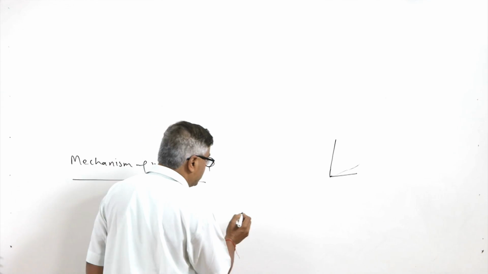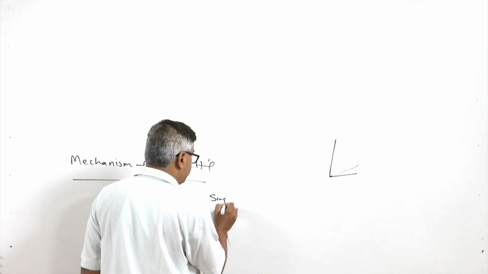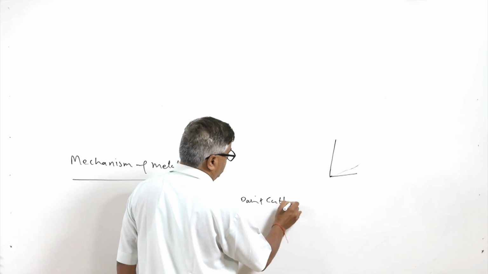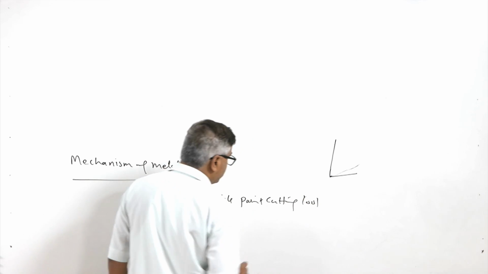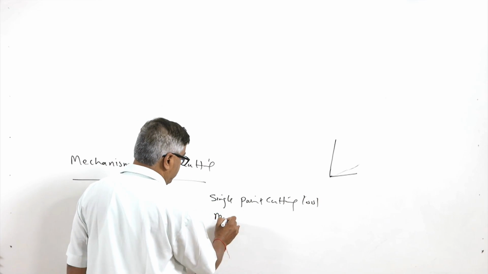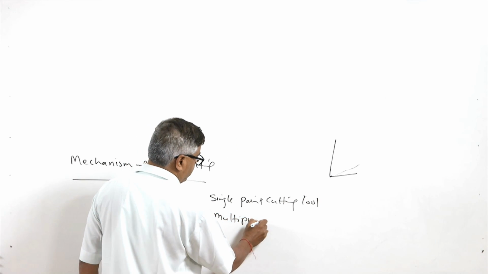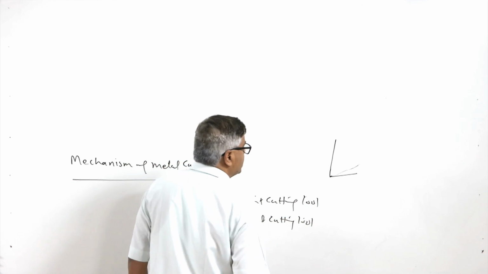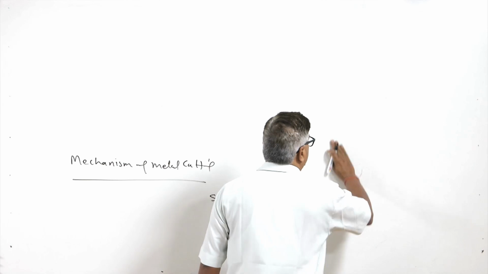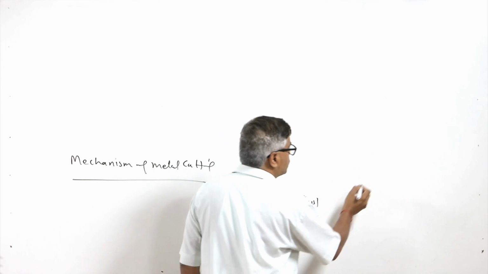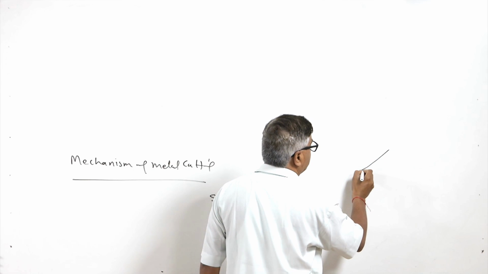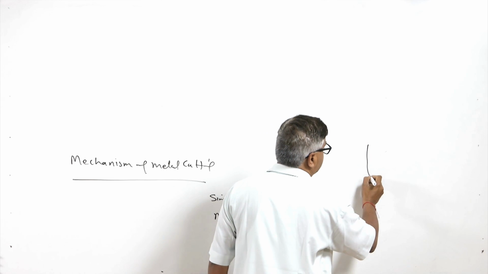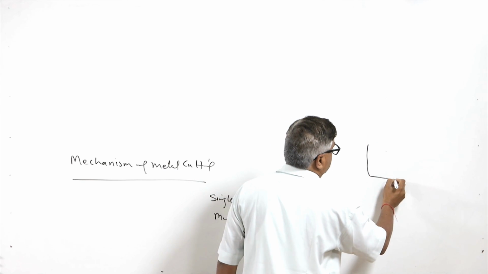We will first look at the single point cutting tool. There can be a single point cutting tool or a multi point cutting tool. A single point cutting tool basically involves one cutting edge. If we see a 3-dimensional view of the single point cutting tool, it may be like this.